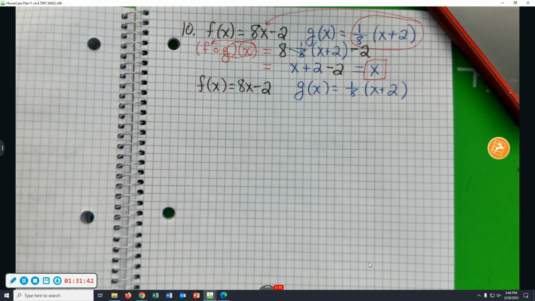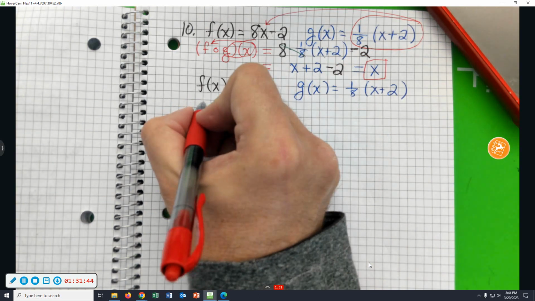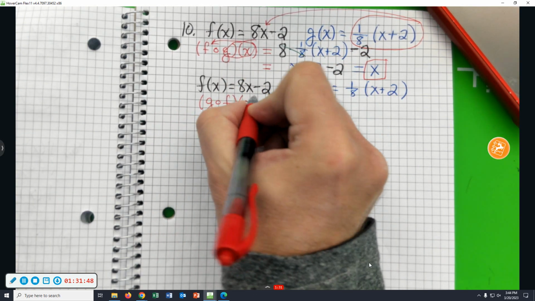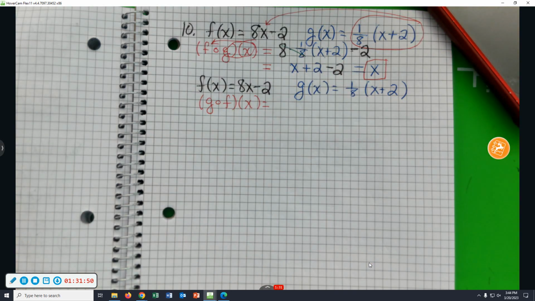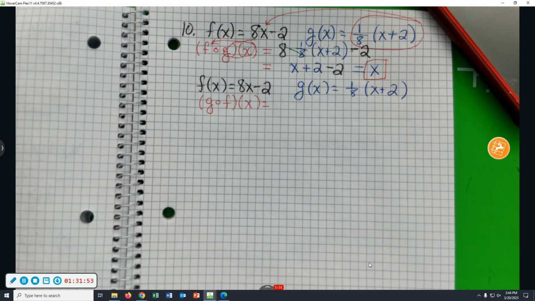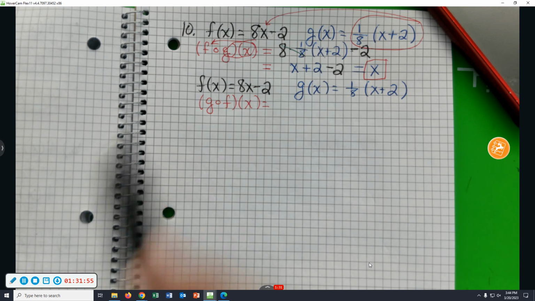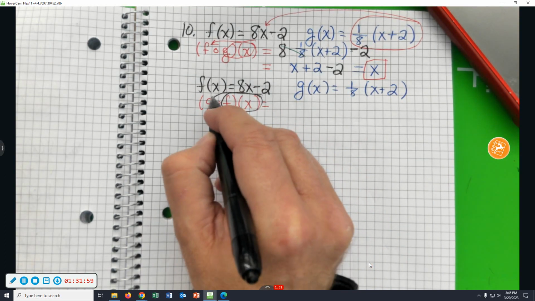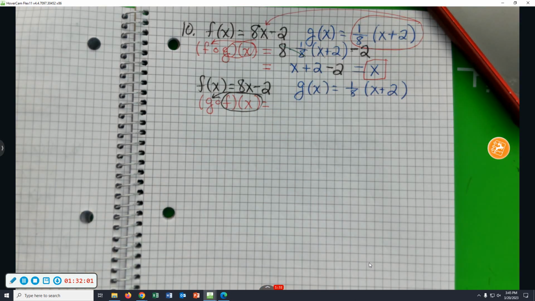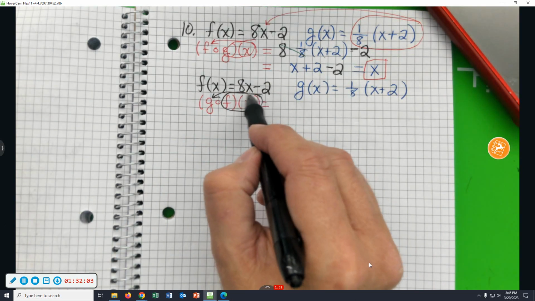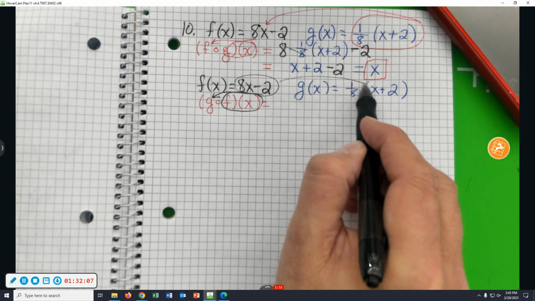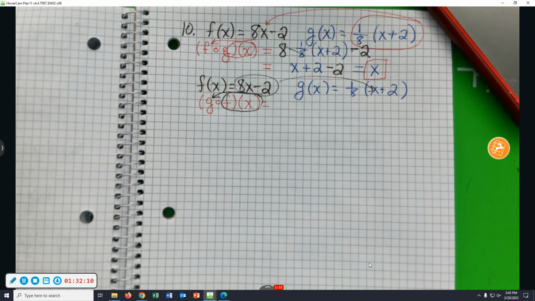So we're finding G of F of X. What are we plugging where? We're plugging F into G. So I'm going to take this 8X minus 2 and plug it right there in place of that blue X. Do you see how I'm doing that?